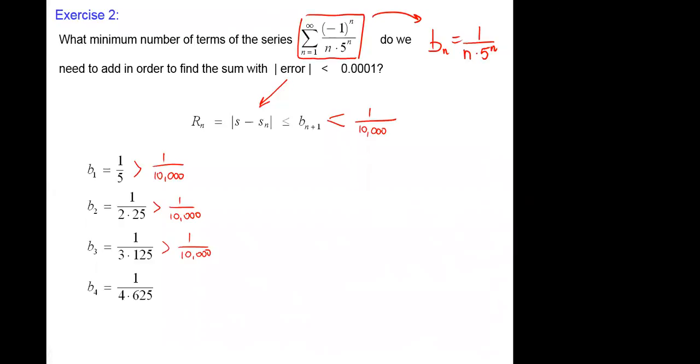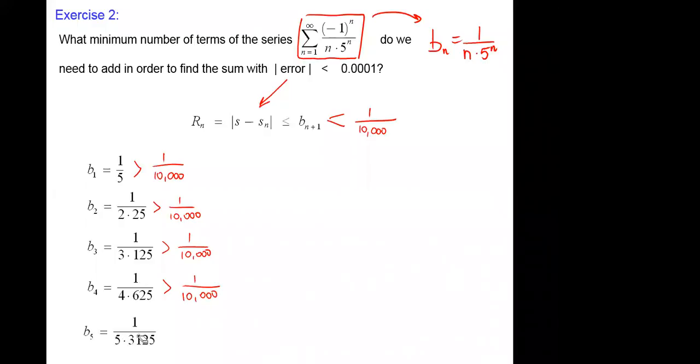Okay, b sub 4, it's 4 times 625. Is this 10,000? I don't think so. This will still be smaller. If the denominator is smaller, the whole fraction is bigger. And what about b sub 5?